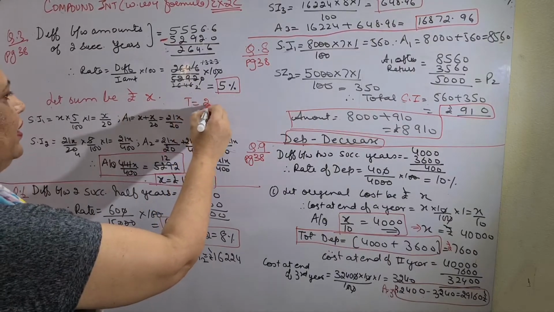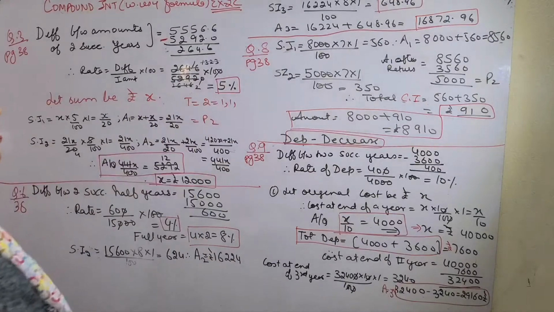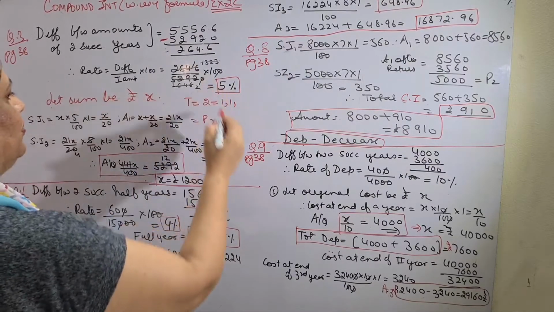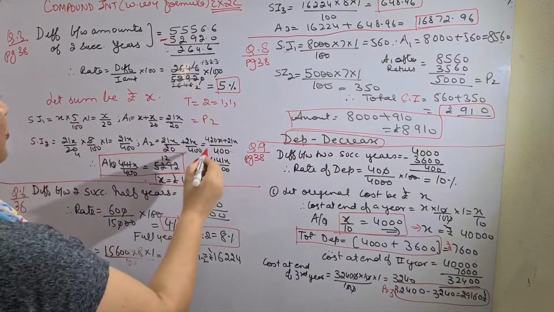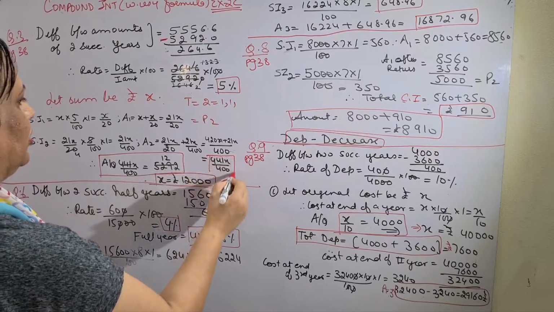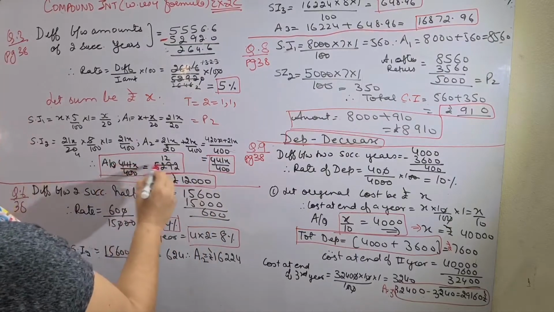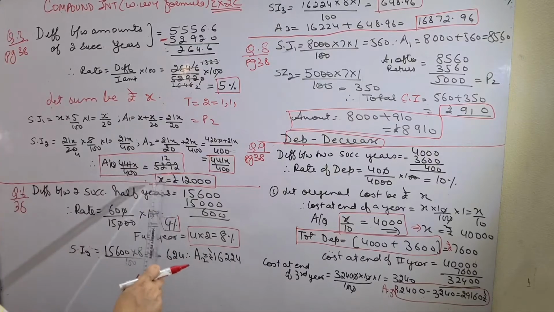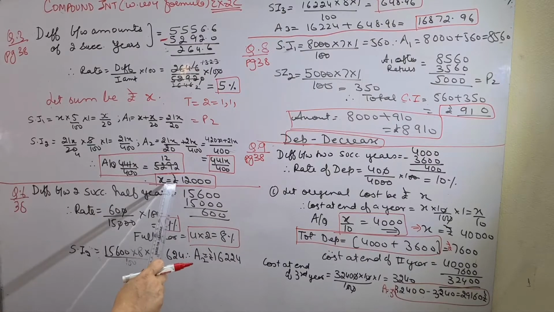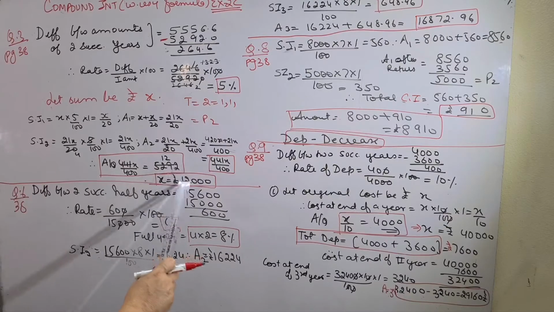Amount 2. In the question, amount 2 has been given to be 5292, but by formula you found it to be 441x upon 400. Since both of them are the amount for 2 years, equate them, and that will give you the original principal for this question.